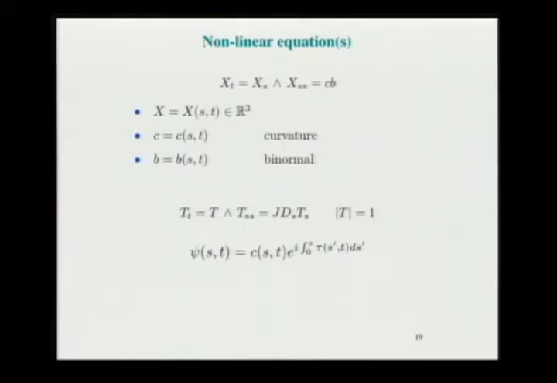And now the question is, if the curvature and the torsion are given by the curvature and the torsion of this curve, capital X, that evolves according to this law, what is the law for the psi? And it turns out it is the cubic NLS in 1D, where this A of t is real, and from the PDE point of view is completely harmless.